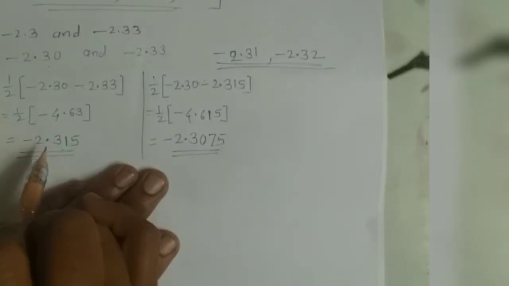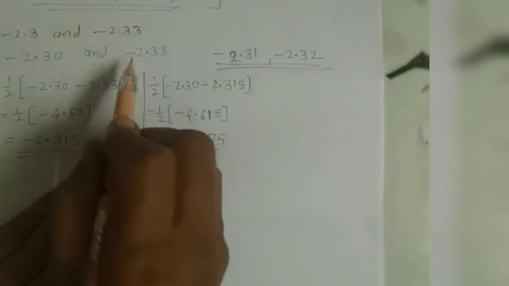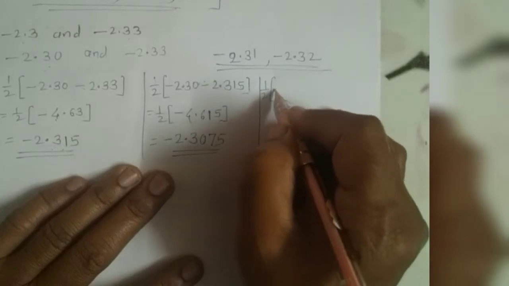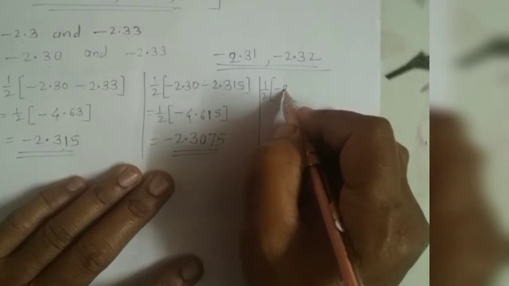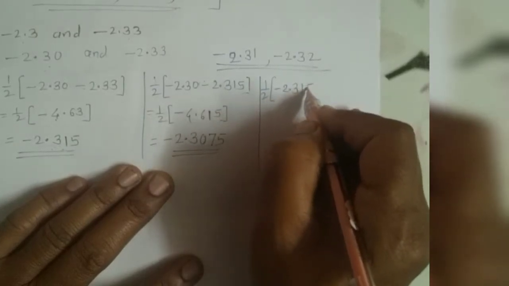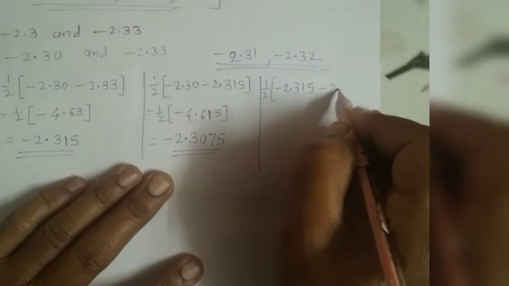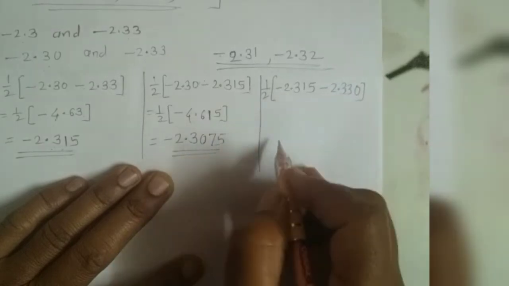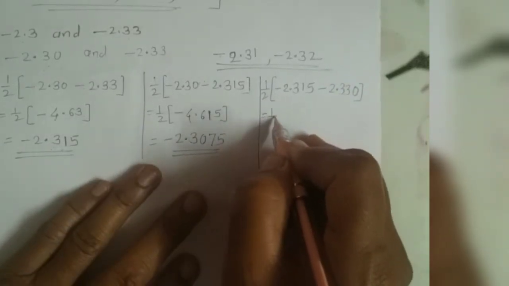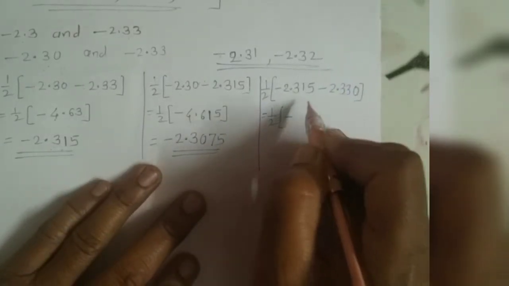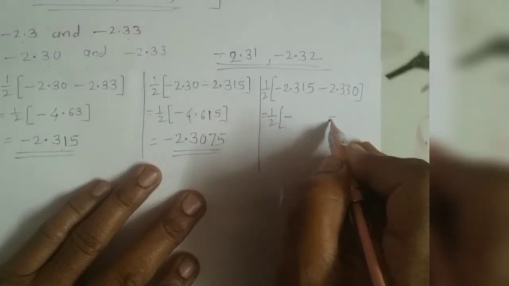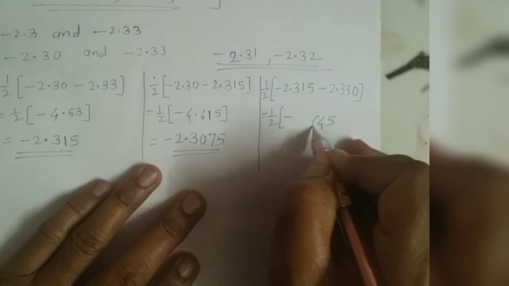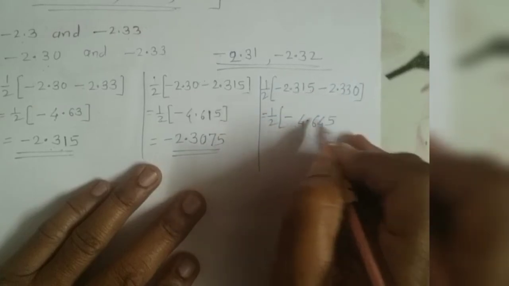Now join this middle number to this number here. Here we obtain 1/2 of -2.315 and -2.33. Obviously 33 means 330. This is equal to 1/2 times minus, 5 plus 0 is 5, 3 plus 1 is 4, 3 plus 3 is 6, 2 plus 2 is 4.